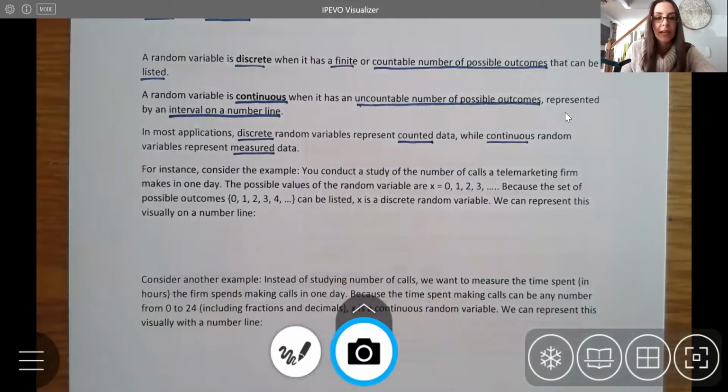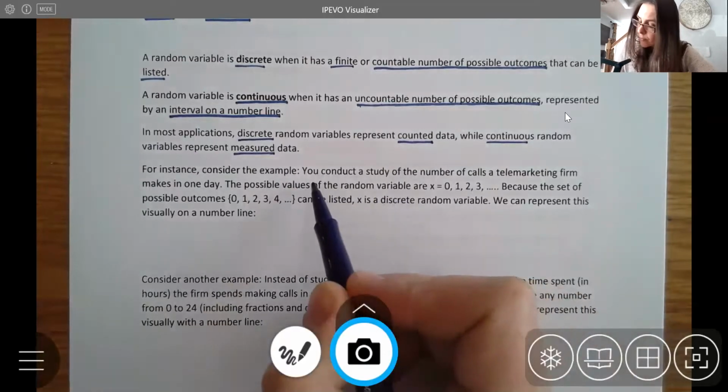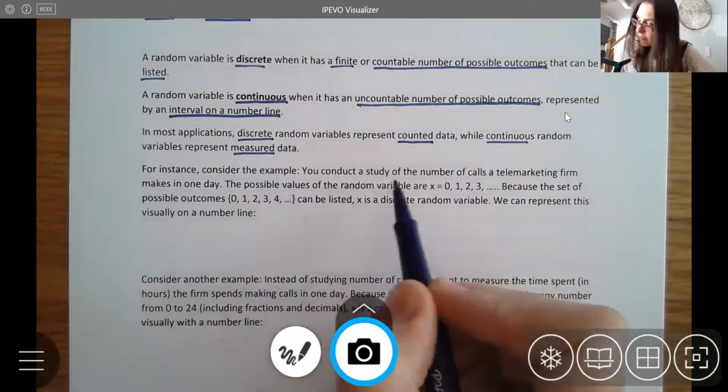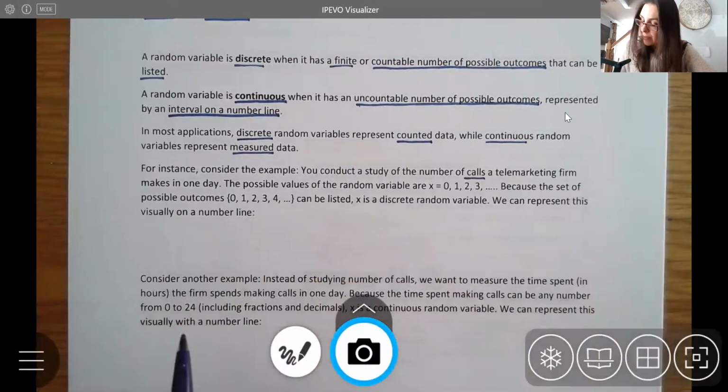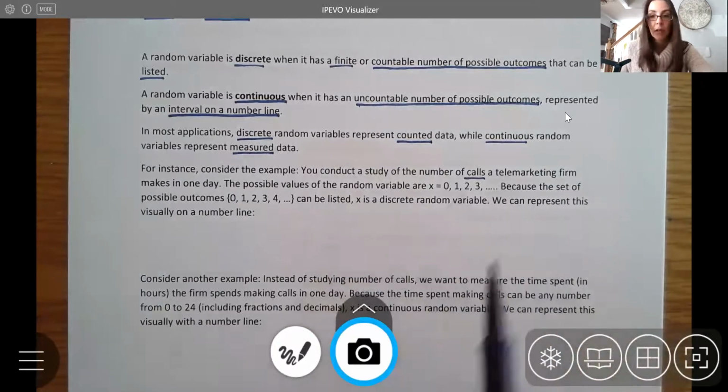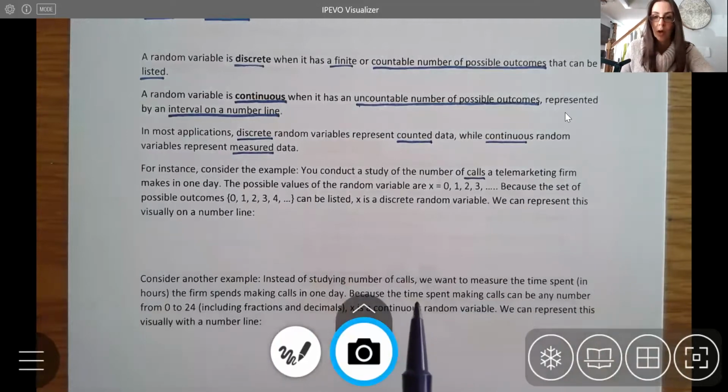Let's see. For instance, consider the following example. You conduct a study of the number of calls a telemarketing firm makes in one day. So think about this. You're counting how many calls that company makes. They could make 0 calls, 1 call, 2 calls, 3 calls, 4 calls, 5 calls, 6 calls, etc. Right?